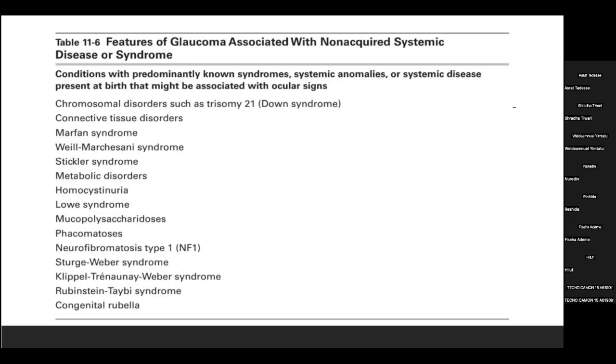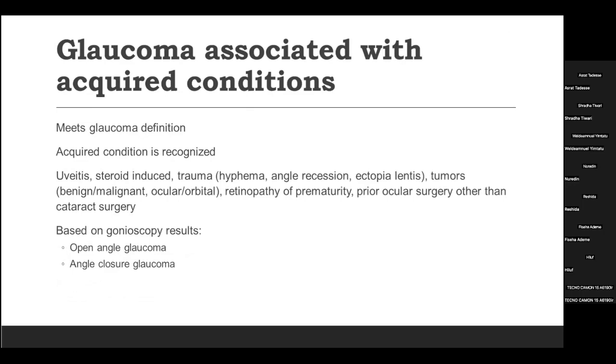So features of glaucoma associated with non-acquired systemic diseases or syndromes: there can be Down syndrome, Marfan syndrome, Weill-Marchesani syndrome, homocystinuria, neurofibromatosis 1, Sturge-Weber, and many others like congenital rubella. And glaucoma associated with acquired conditions.